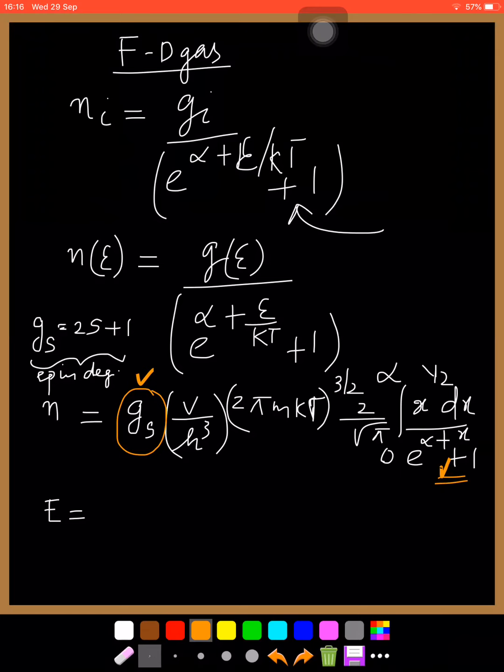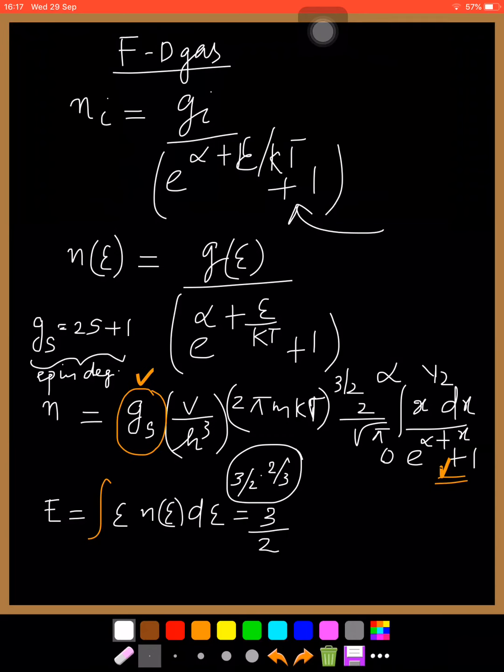And also when we find capital E, similar to that of Bose-Einstein, that is integral of E dE.